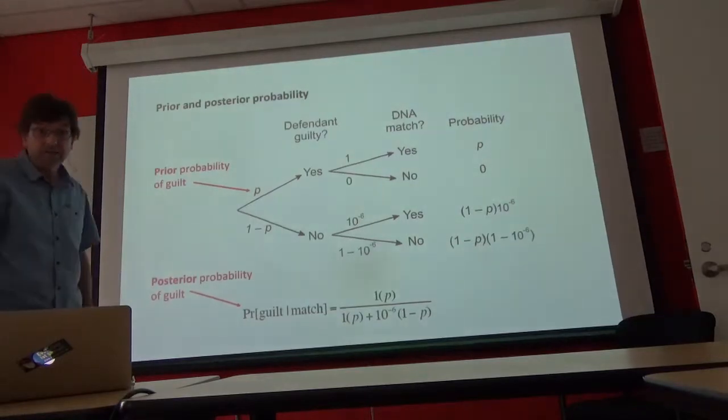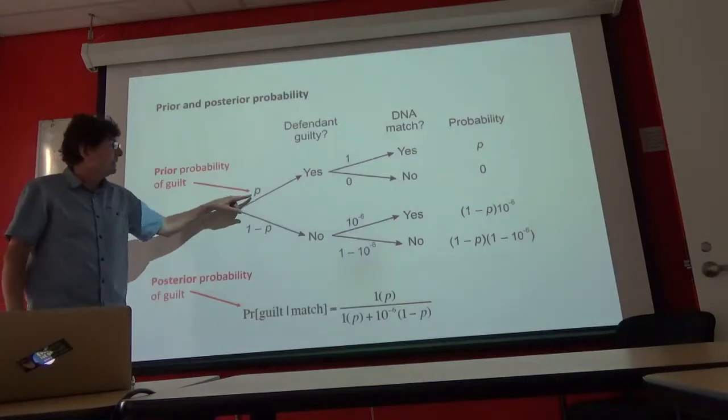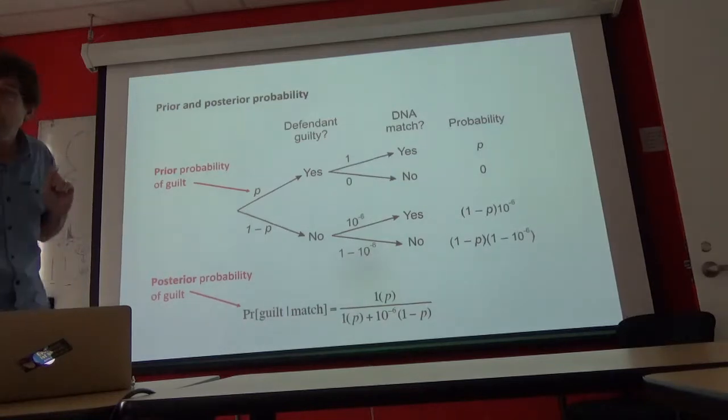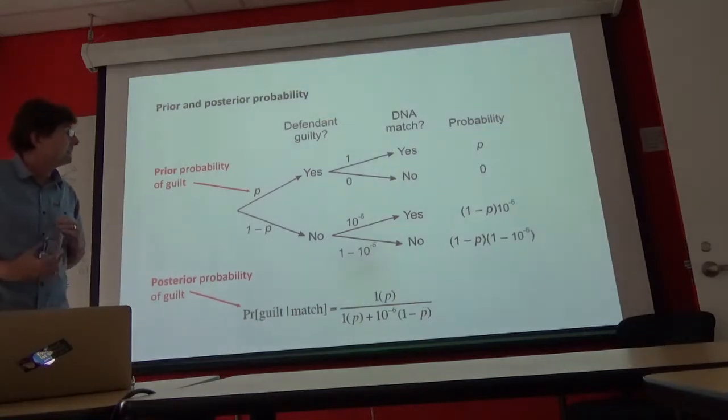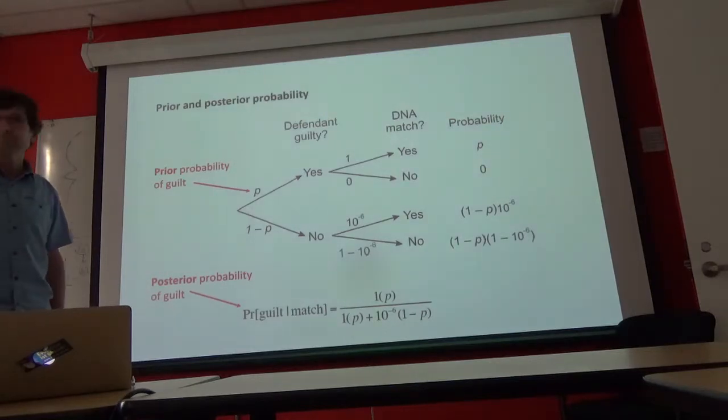So, some jargon. In Bayesian statistics, this quantity here is called the prior probability. The prior probability represents a statement about the probability that the defendant is guilty without having looked at any of the evidence. So that's why it's prior. This makes no sense under the definition of probability that we've used in this course up until now.